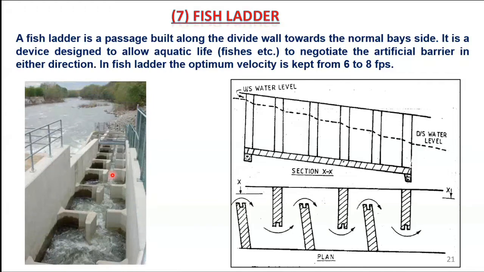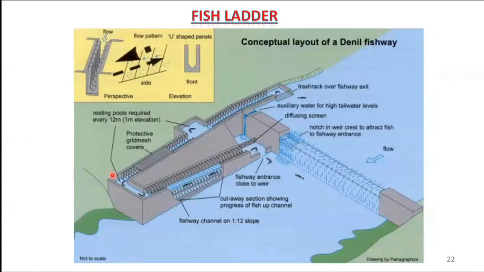All right. Now this is one more pictorial view of the fish ladder. This one is the upstream side. The water is flowing like that, and these are the normal bays. And this is a fish ladder which is enlarged, and the fish ladder has slopes.